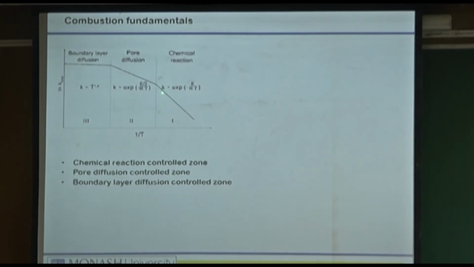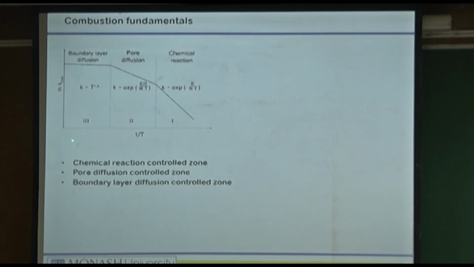There, the rate constant is proportional to exponential of minus the activation energy over RT, the gas constant and the absolute temperature. And here it is half of that, E/2, and here K is proportional to the temperature raised to the power of 1.8, so it's less than that.